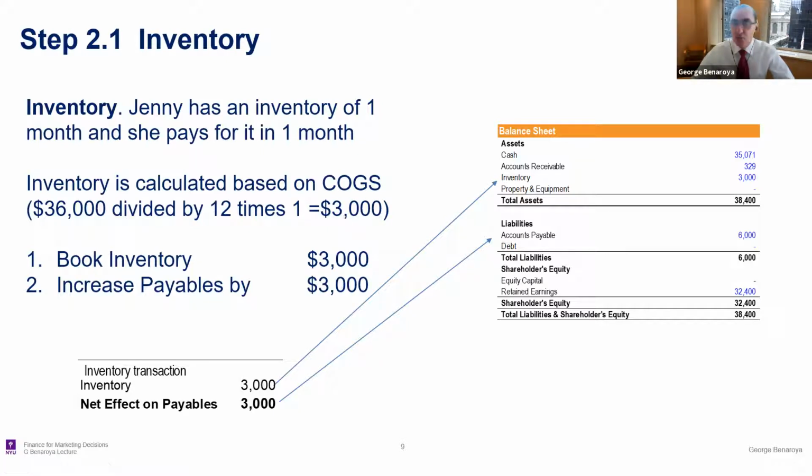So we will assume in this case that she pays for that inventory 1 month later. So we will increase the inventory on assets by $3,000. And we will now increase accounts payable by $3,000. It was $3,000 before, and now it will become $6,000. And now our numbers tie.